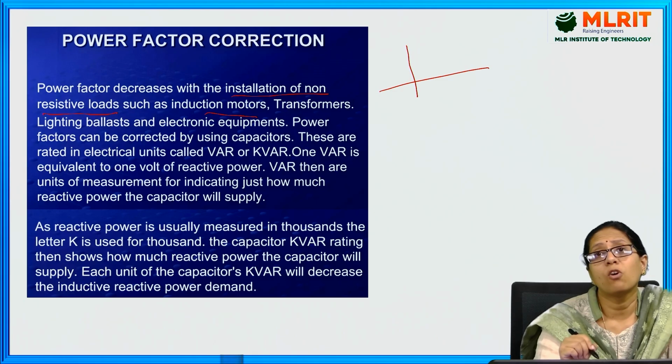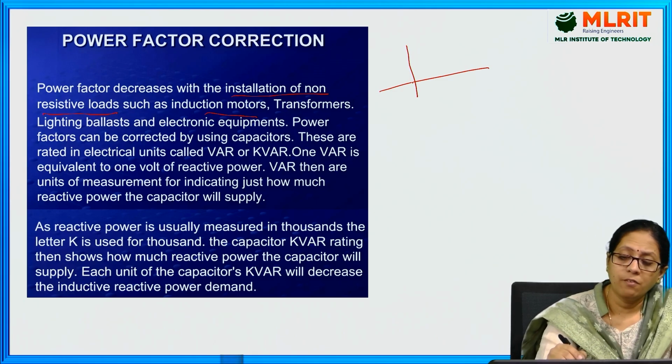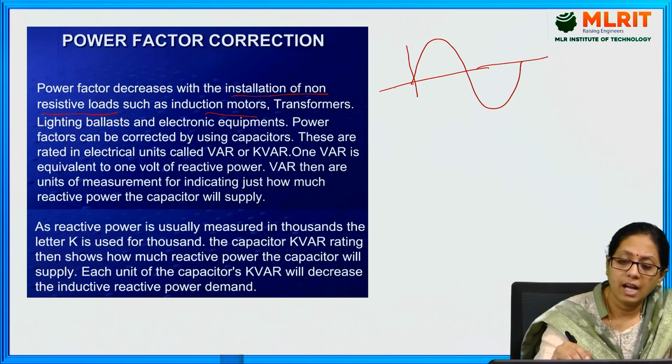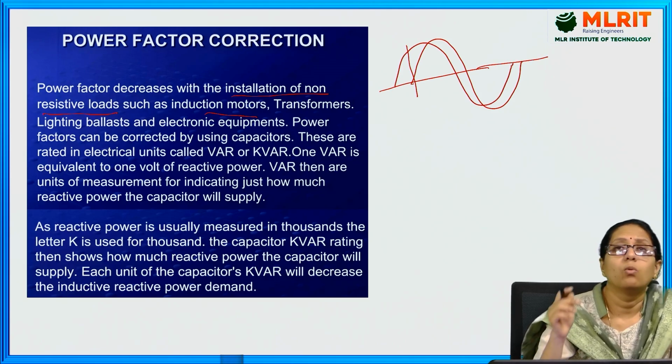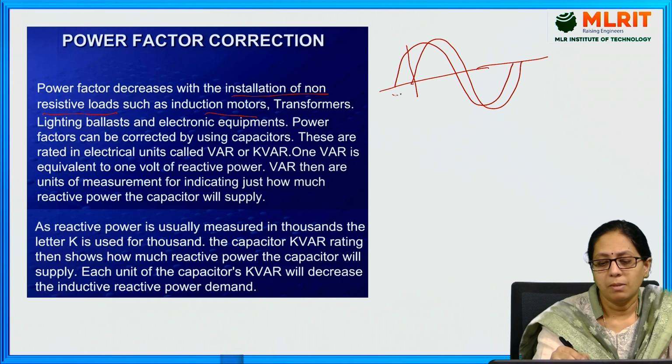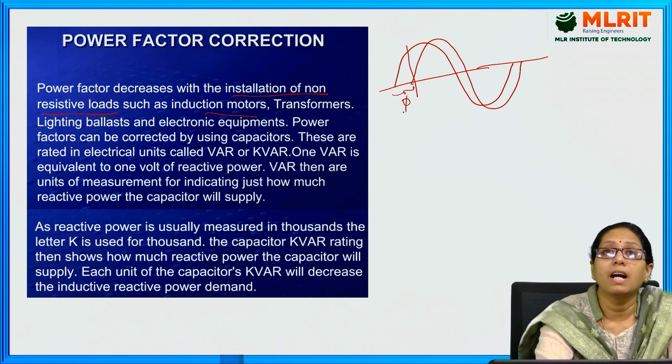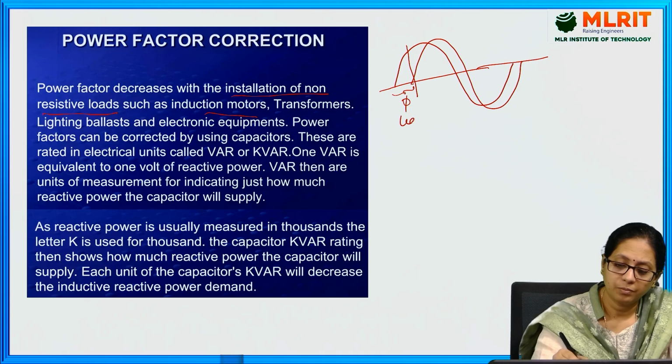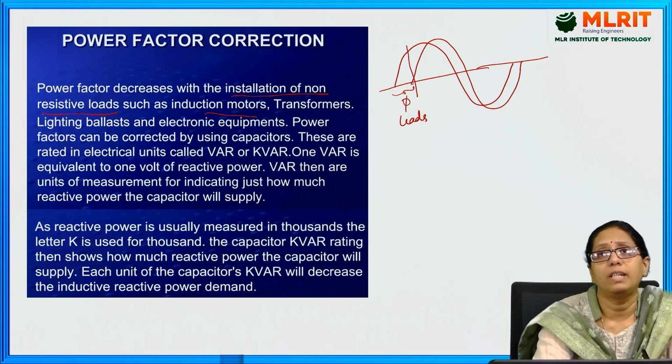But in the case of a capacitive load, if this is the voltage waveform, the current leads the voltage waveform. That means here also there is an angle phi, but the current leads the voltage.